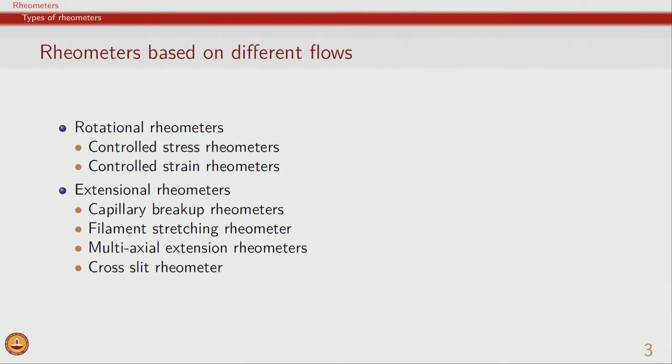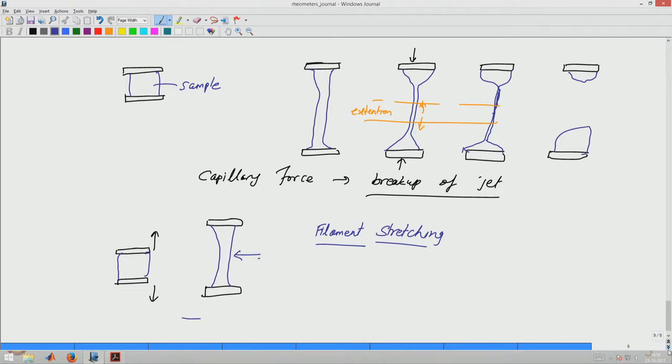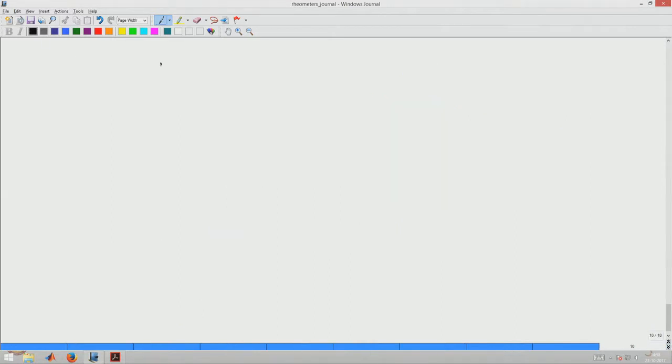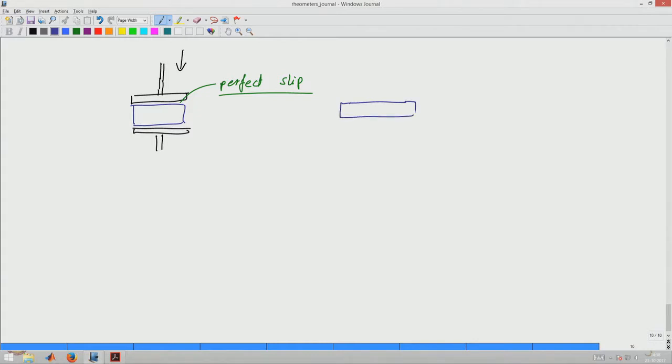If you recall, what we had said was, if you take let us say a parallel plate and if you put fluid here and then if you squeeze, if you force the plate to come down and you ensure that there is perfect slip here, in that case what happens to this sample with time is it will become stretched, or even at a larger time it will become even further stretched.